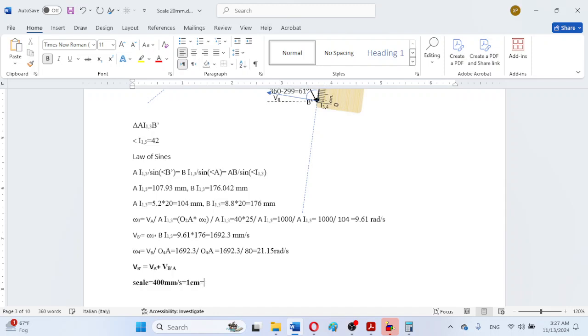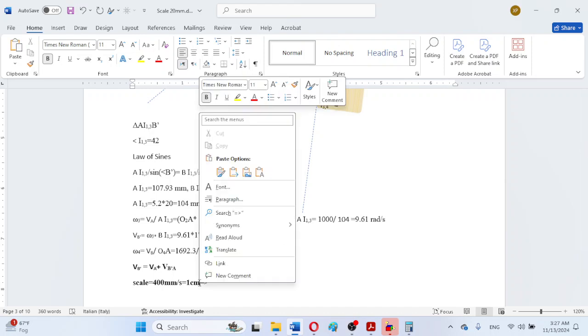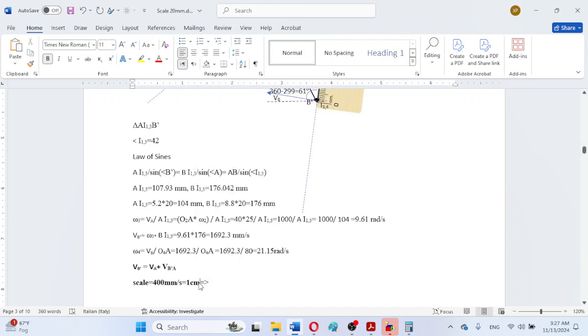So this will be implying that VA according to scale will be equal to 1000 divided by 400.